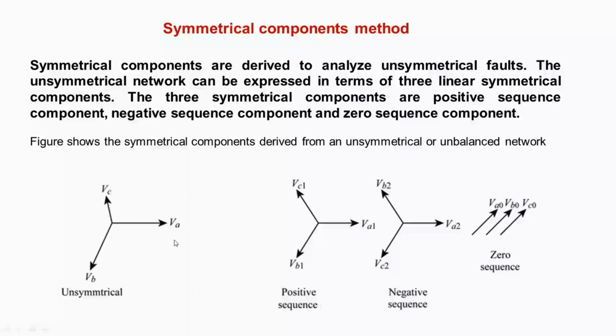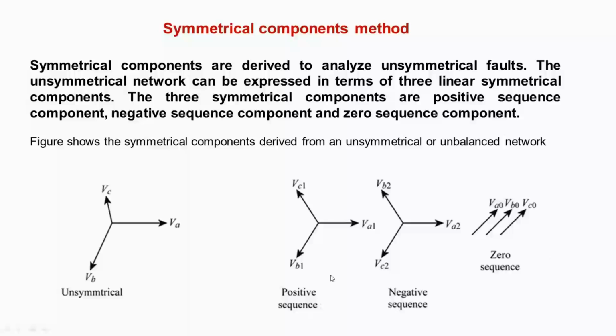This unsymmetrical vector is resolved into symmetrical components of vectors called the positive sequence component, negative sequence component, and zero sequence component. Adding these three sequence component vectors gives the unsymmetrical vector.